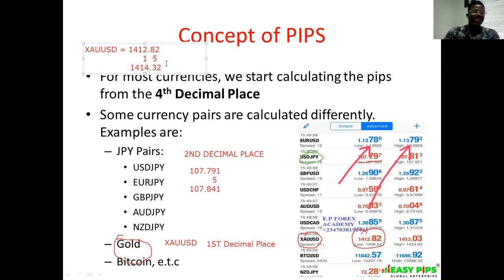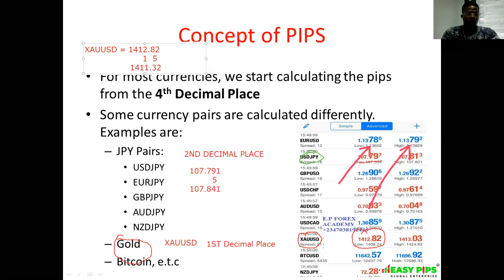That means gold has increased 15 pips. What if gold now reduces by 15 pips? The value for gold would be 1411.8 minus 5, which will give us 3, 2.